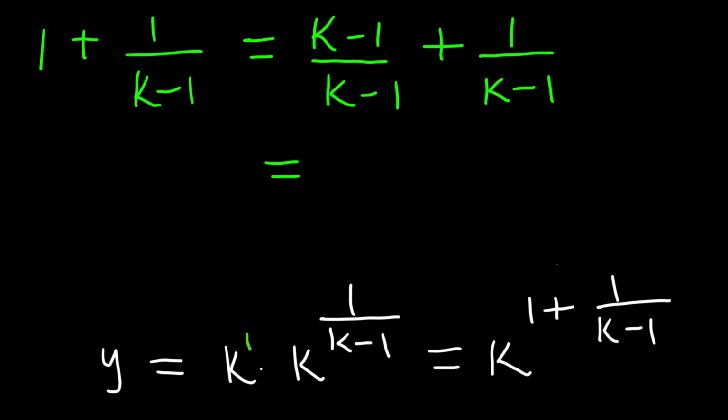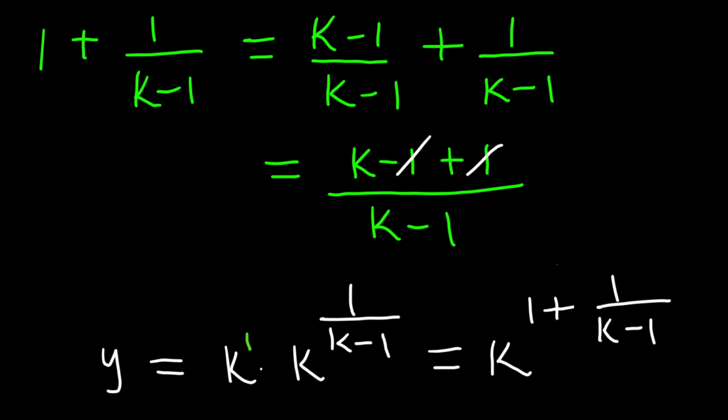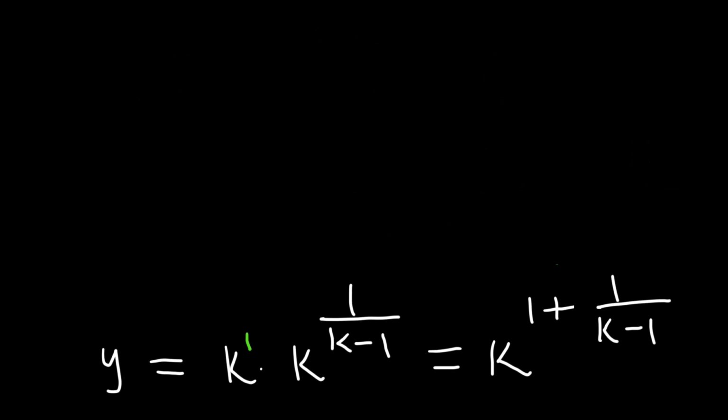So this will become k minus 1 plus 1, divided by k minus 1. This will cancel with that. And so we shall remain with k divided by k minus 1. Therefore, y will be equal to k raised to the power of k divided by k minus 1.